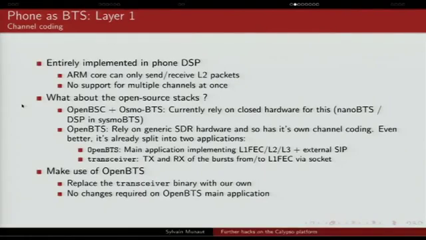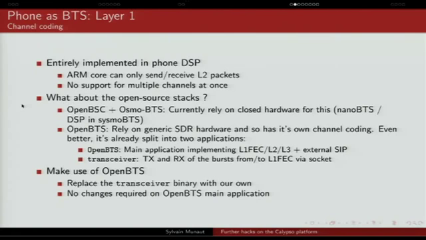The first part of layer 1, as I mentioned, is channel coding, and we can find that in those projects. Not in the OpenBSC and Osmo BTS combination. Unfortunately, this relies on commercial hardware, which has its own closed-source implementation of the channel coding. But OpenBTS relies on generic SDR hardware, like the USRP or more recently the UmTRX, which means it has its own channel coding implementation.